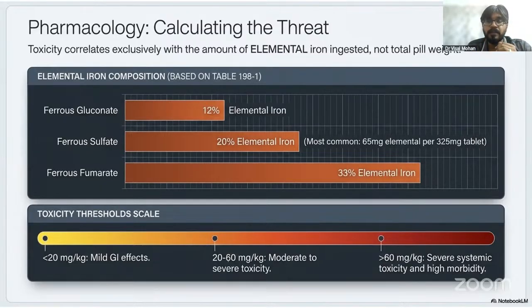If there is ferrous gluconate, ferrous sulfate, and ferrous fumarate, gluconate will be around 10 to 12 percent, sulfate will have 20 percent, and fumarate will have 33. If you want to memorize this, we can say GSF and 30. That is something I try to remember it with. So around 10%, 20%, and 30% of elemental iron per tablet. Okay.